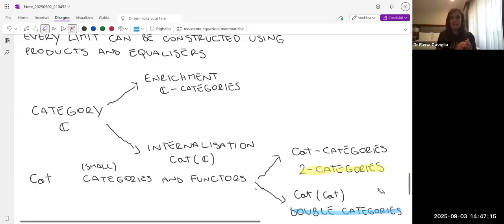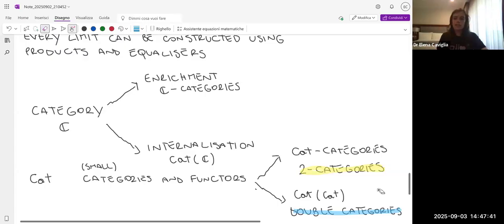So the idea is that with two categories we can have arrows between arrows, right? And with bicategories we don't need the composition to be strict, but it can be weak.